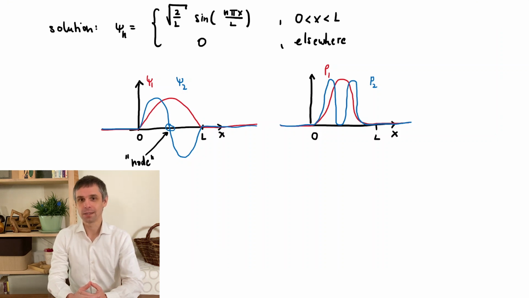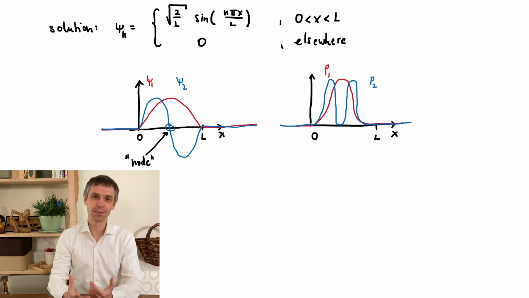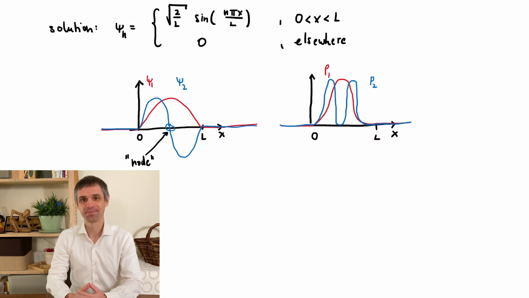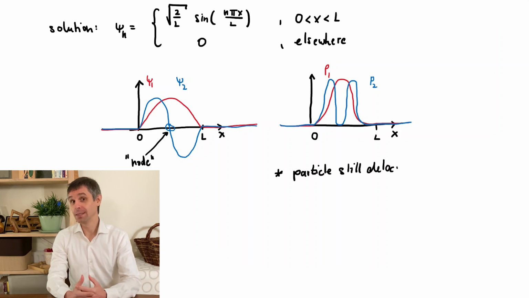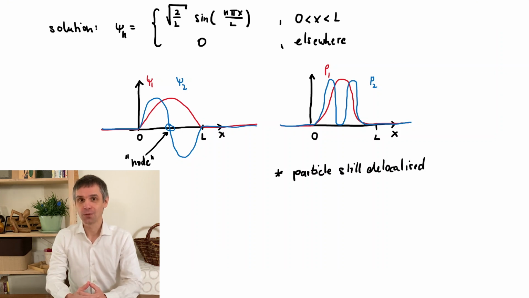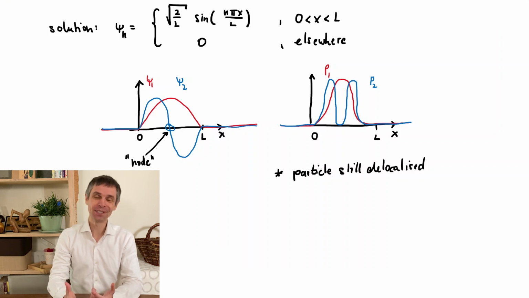Starting from particles of fixed energy, each position measurement would look like a random event, but collecting enough of them we can build up a histogram, and that would then look like one of these densities. So we conclude that the particle is still delocalized in space, but of course overall confined to the region between the walls, which was what we set out to achieve at the beginning.